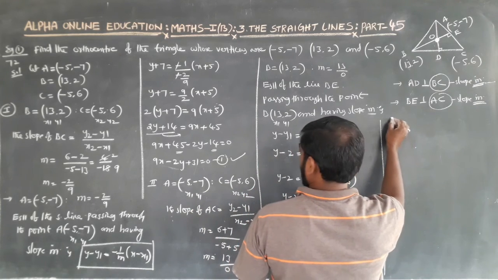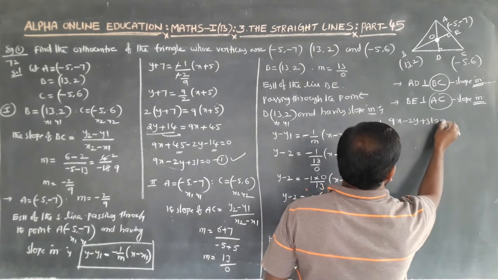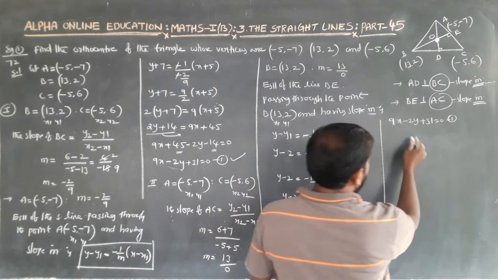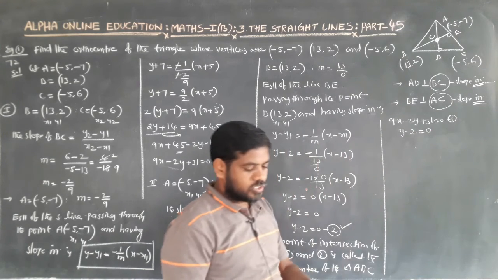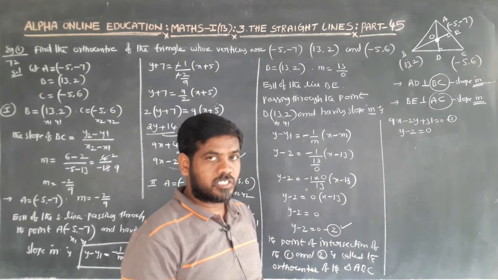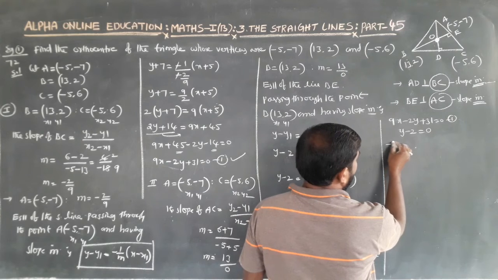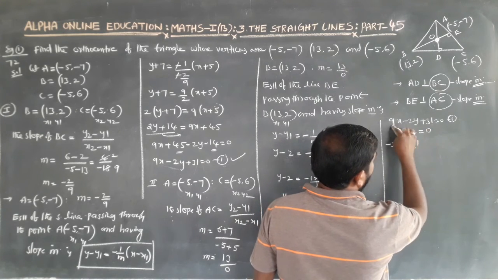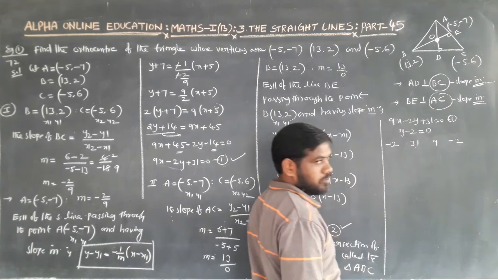One is 9x minus 2y plus 31 equal to 0. Second one is y minus 2 equal to 0. Using cross multiplication from 1 and 2: for the first equation the x coefficient is 9, the y coefficient is minus 2, and the constant is 31. For the second, the x coefficient is 0, the y coefficient is 1, and the constant is minus 2.